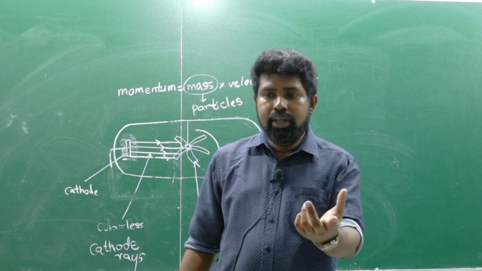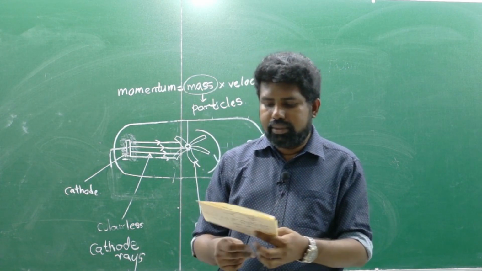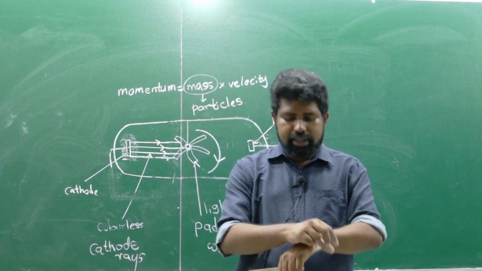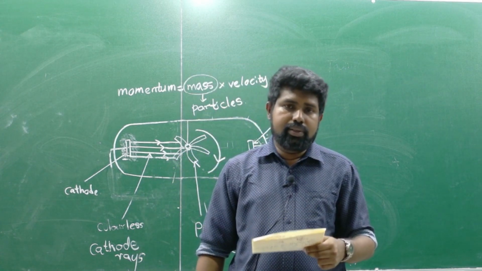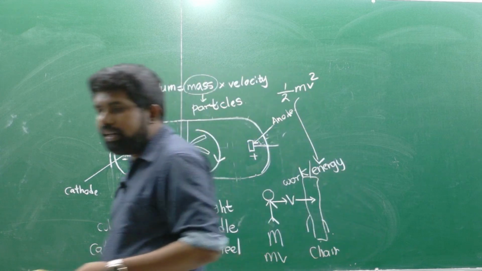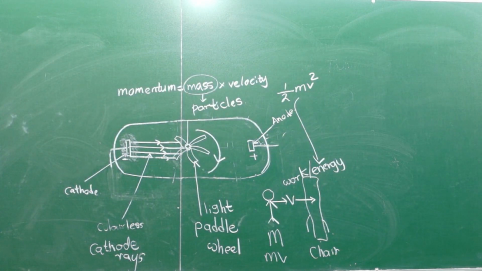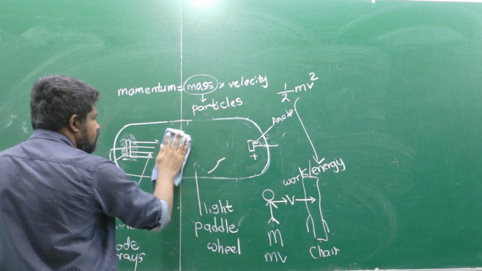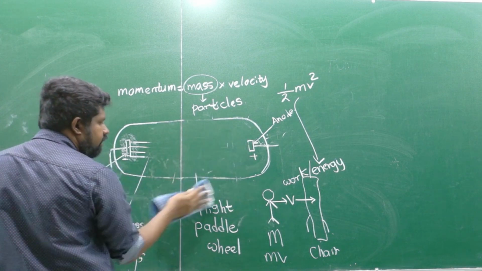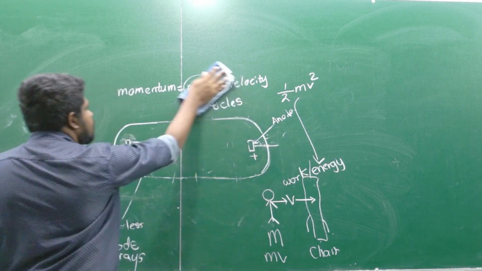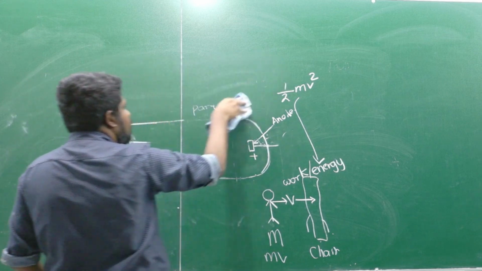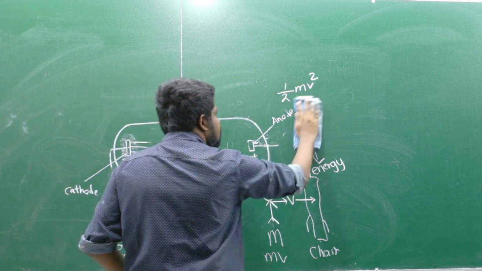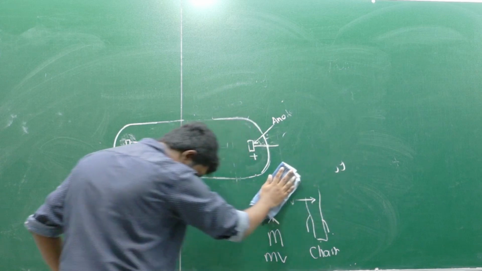Write down number 3: cathode ray particles possess an electrical charge. Let's see how this property was found by Thomson.